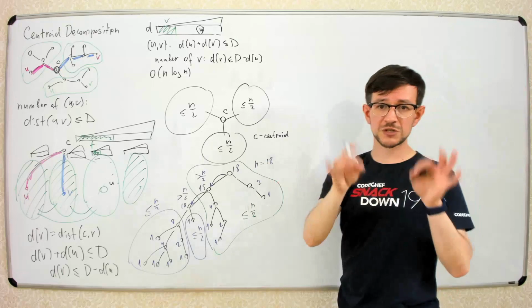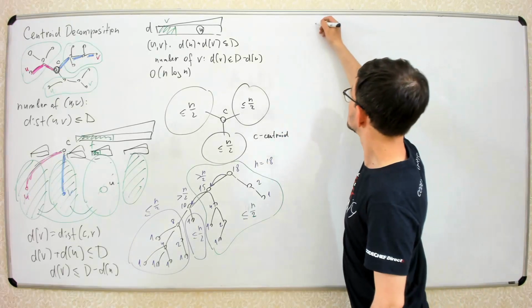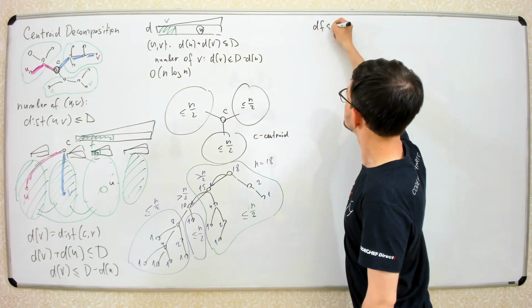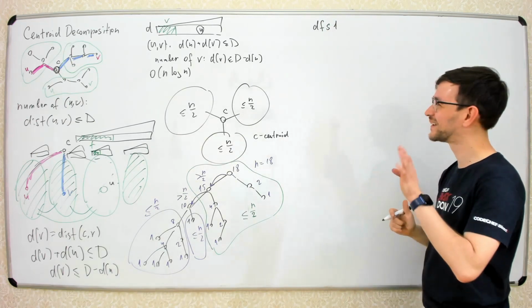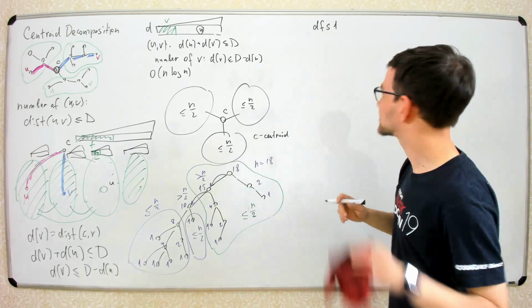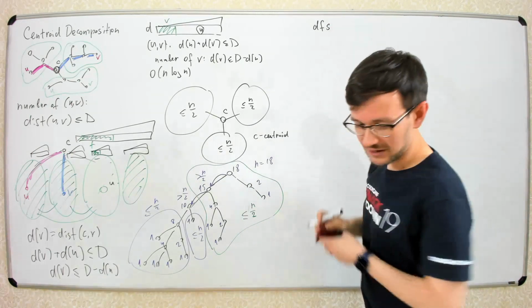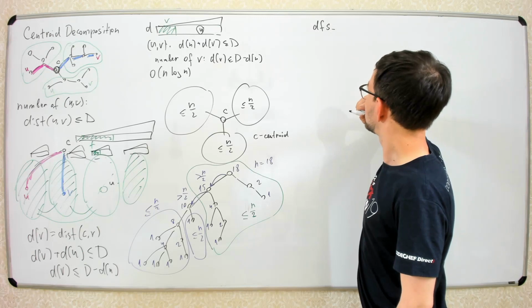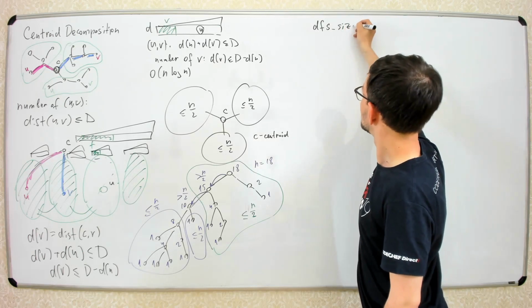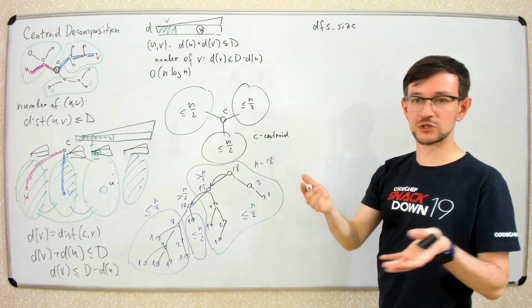So we'll first make the DFS which calculates the size of the tree. Let's make it a little bit more self-explaining. Let's call it DFS size. This DFS will just calculate the size of the tree.